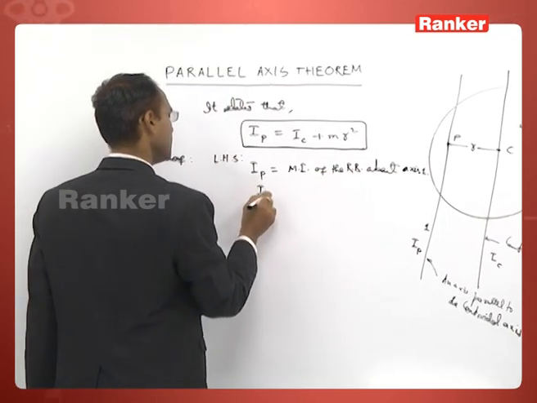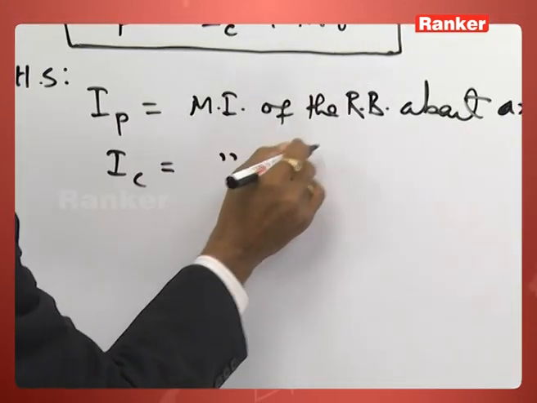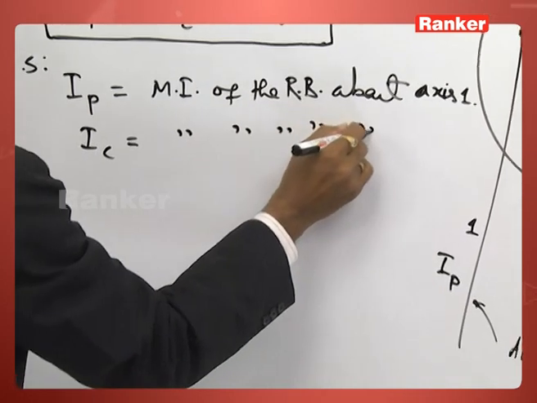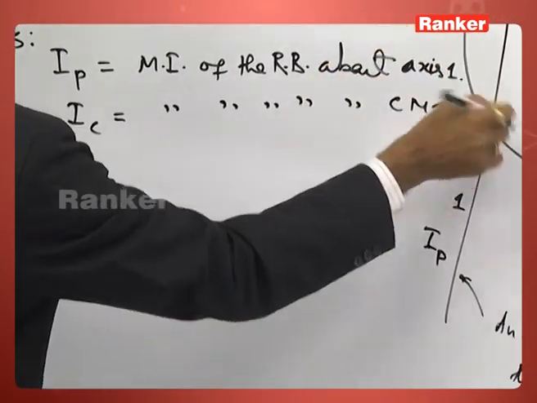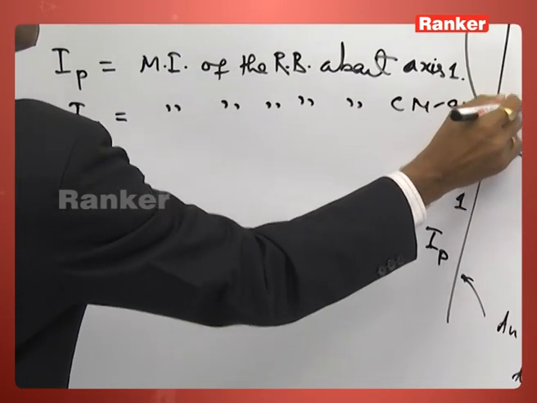And IC is the moment of inertia of the rigid body about the center of mass axis, that is called 2.